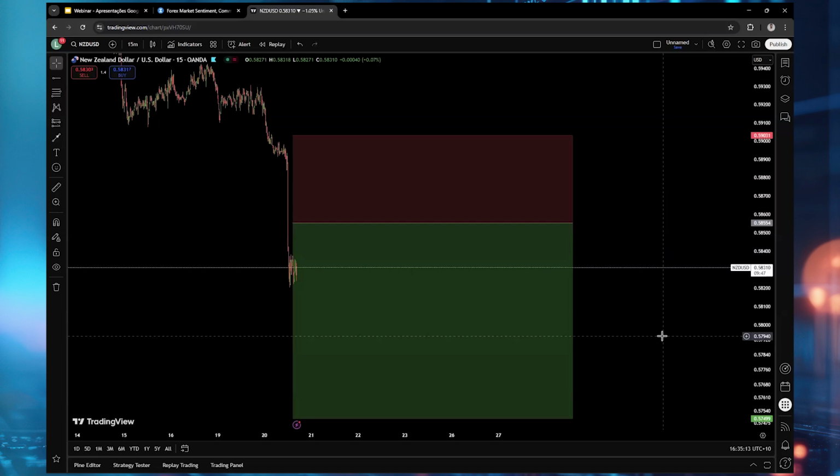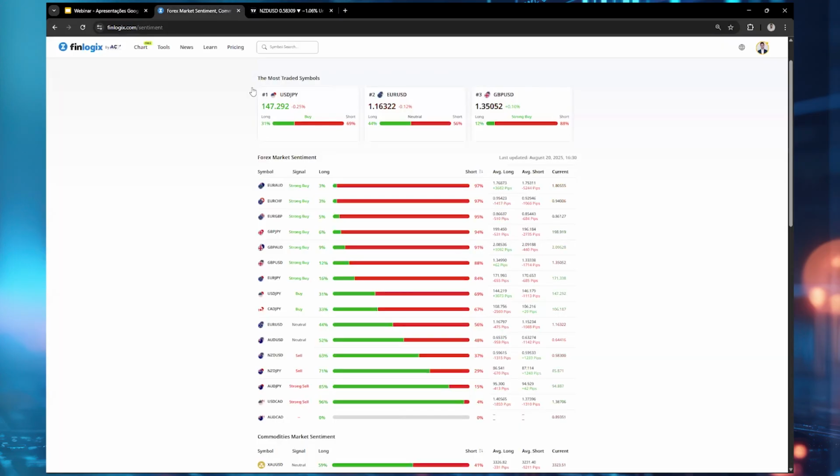Does anyone have any questions? Because the New Zealand dollar is technically it. I'm looking to short, and that's it. Also, the FinLogic market sentiment tool is saying there's only 37% shorts, which is even better, because there's most likely still a bigger move to happen.